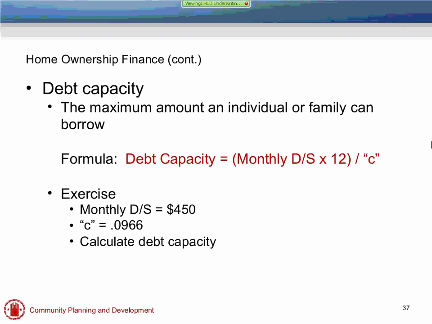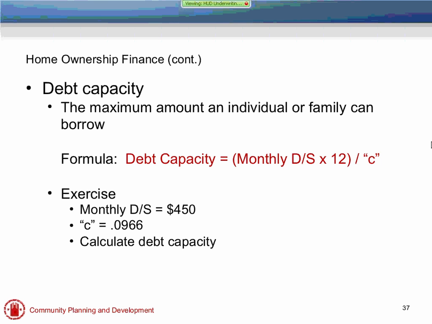Okay, so let's look at debt capacity. So the maximum amount that an individual or family can borrow. This is our monthly debt service, and here we're looking at essentially what can the homeowner afford each month. This is really what we're going to determine.